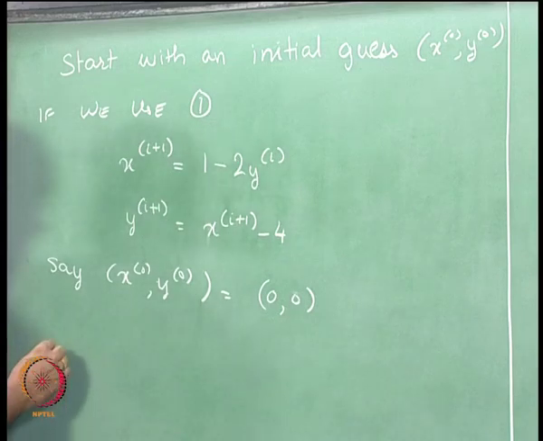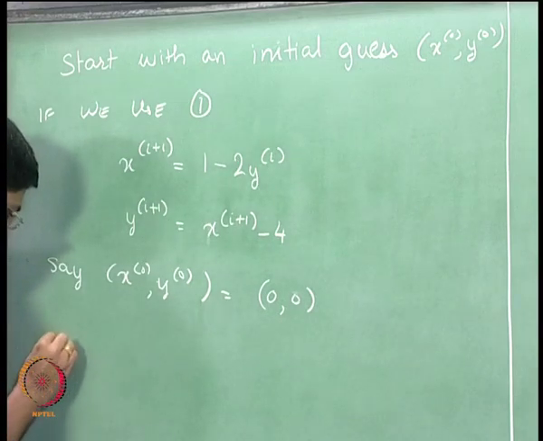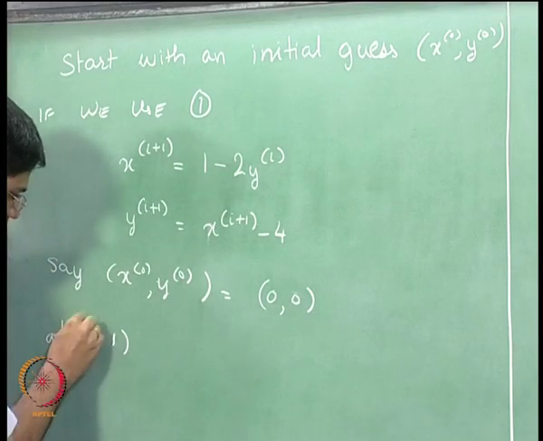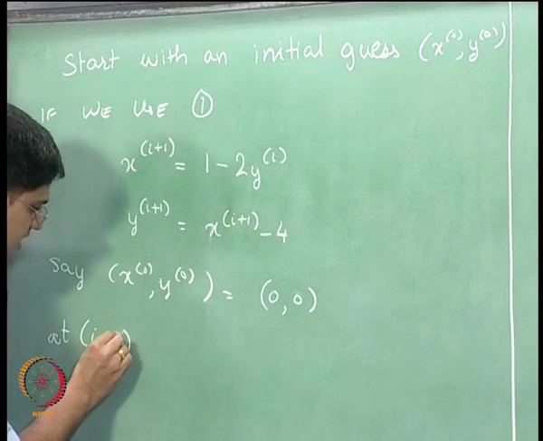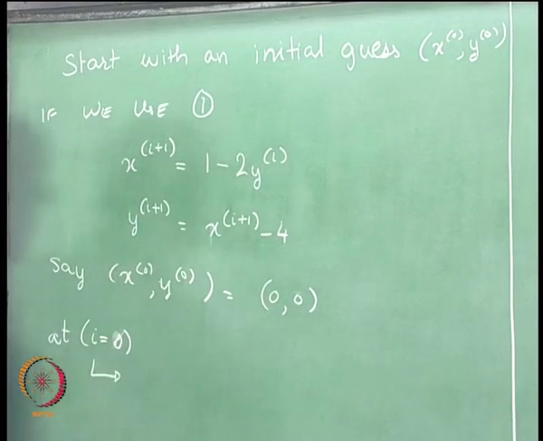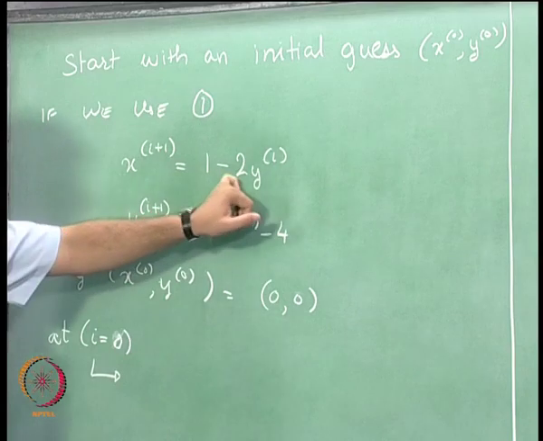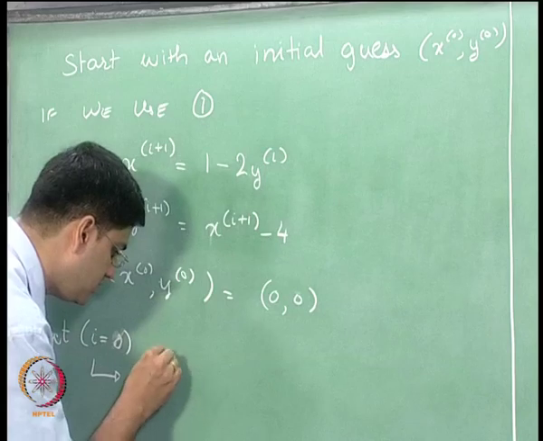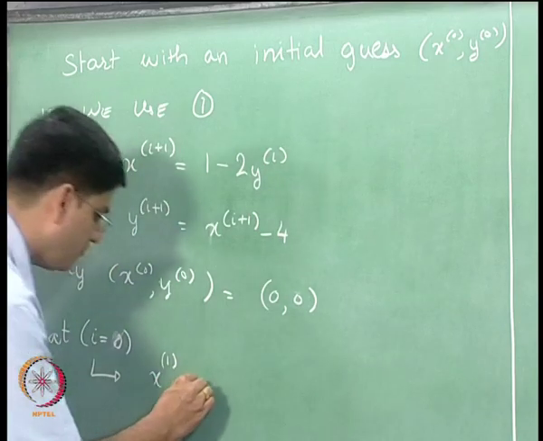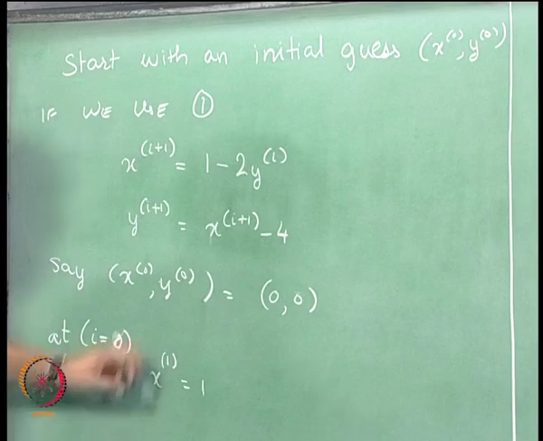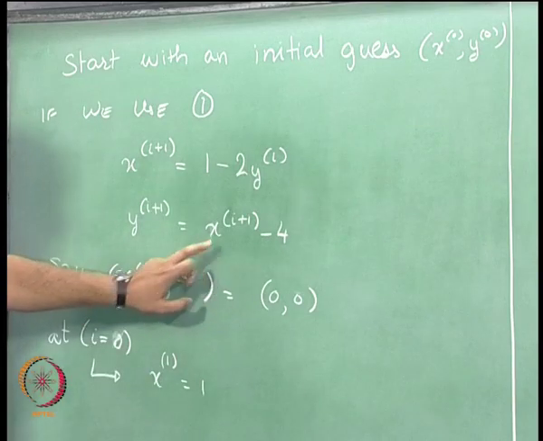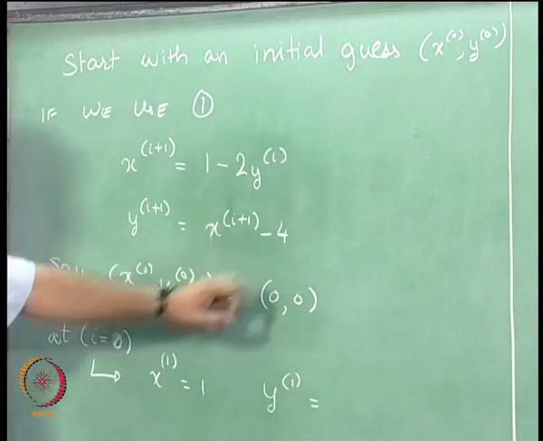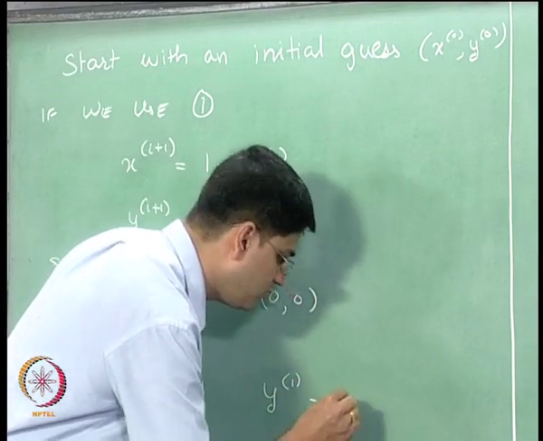So let us say now what happens at iteration number 1. Or rather, I should say at i equal to 0, what we get is x1 equal to 1 minus 2 times y0, which means our x1 is going to be equal to 1, and we substitute that value 1 in this particular equation, and y1 we are going to get is 1 minus 4, that is equal to minus 3.